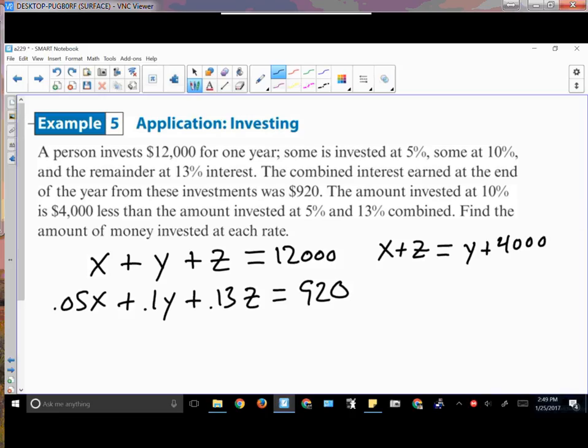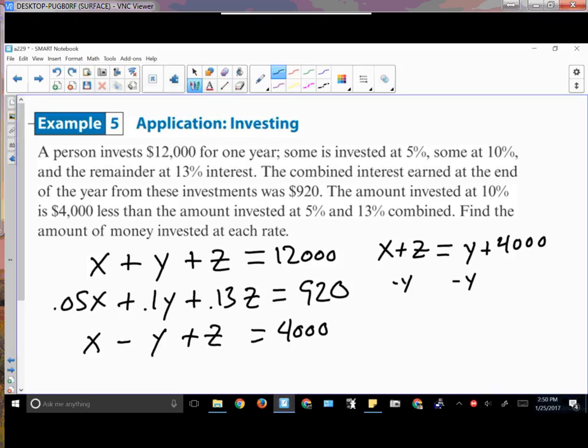I combined the 5 and the 13. So when I write this equation, I am going to write it as x minus y plus z is equal to 4,000, because I'd have to subtract y from both sides, correct? Now that last equation, yes, I understand, is a wee bit on the tricky side.